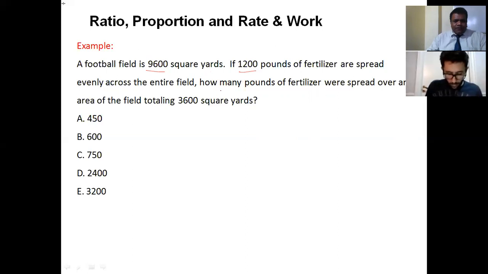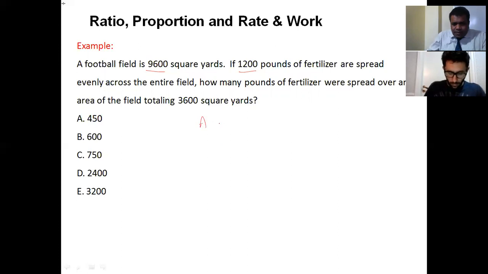A football field is 9,600 square yards. If 1,200 pounds of fertilizer is spread evenly, it means the area and the amount of fertilizer are directly proportional. Am I right? Yes. Great.